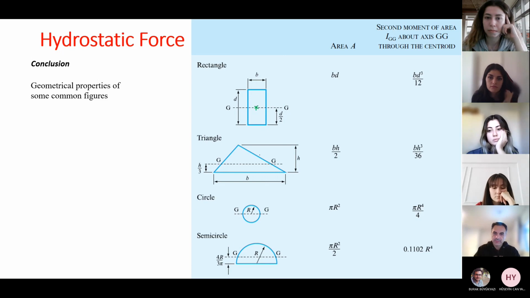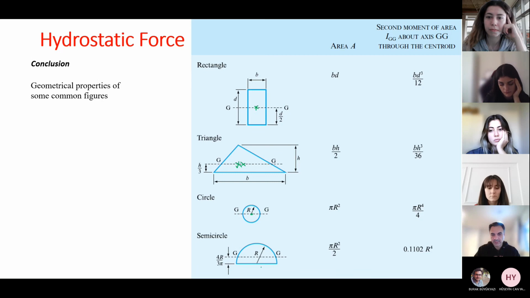For the triangle, I already mentioned, here is the centroid. Actually, it should be just here, and the depth is 2/3 from the top, or 1/3 of the height of the triangle from the bottom. For a circle, we know the centroid exactly is the center.